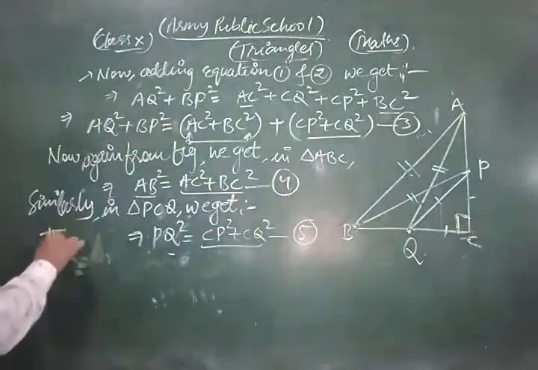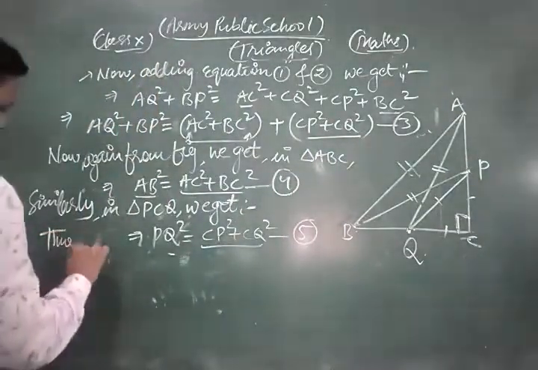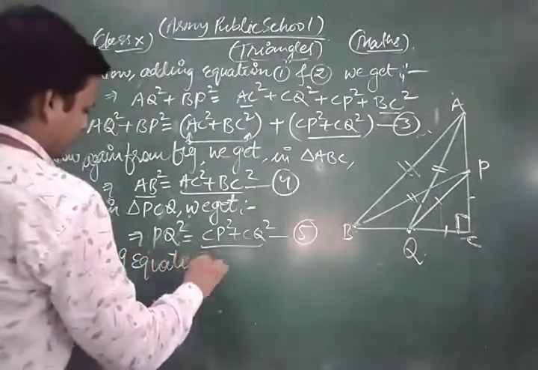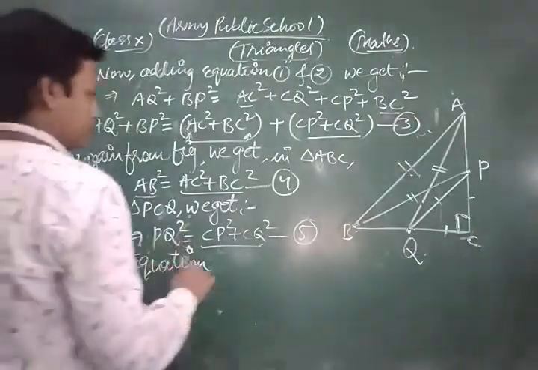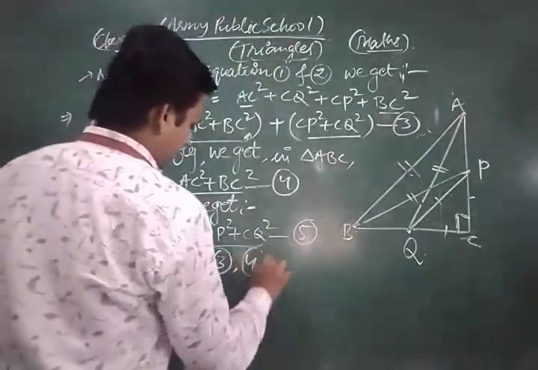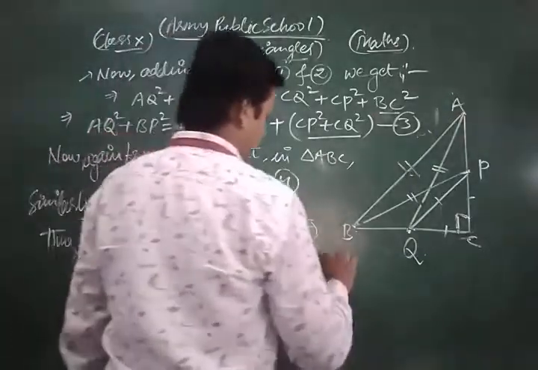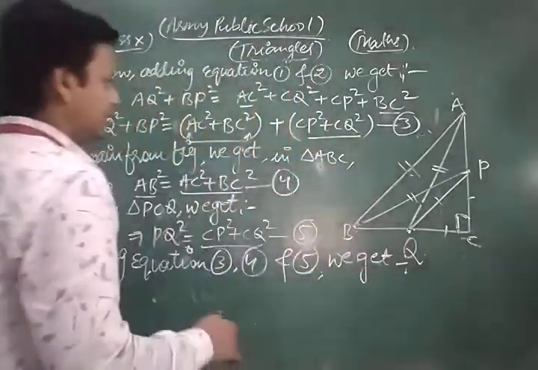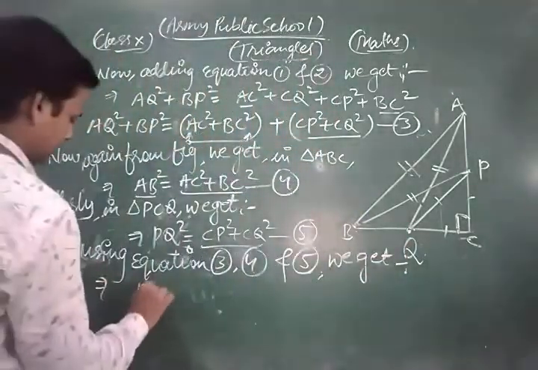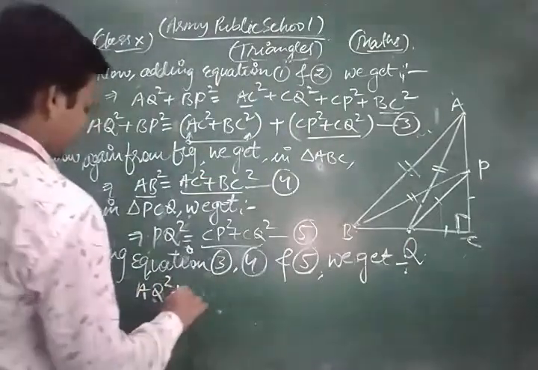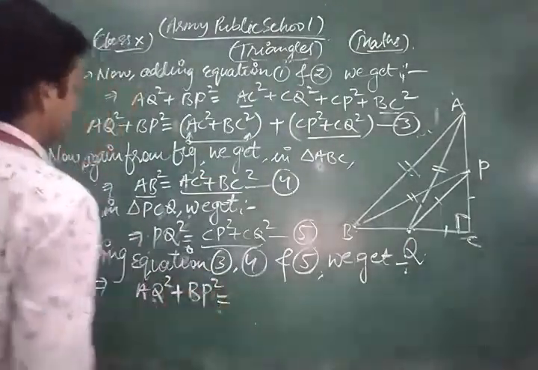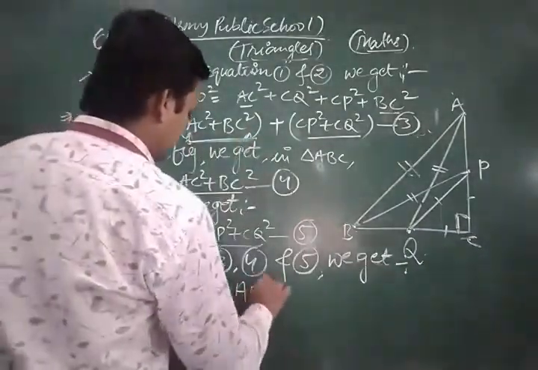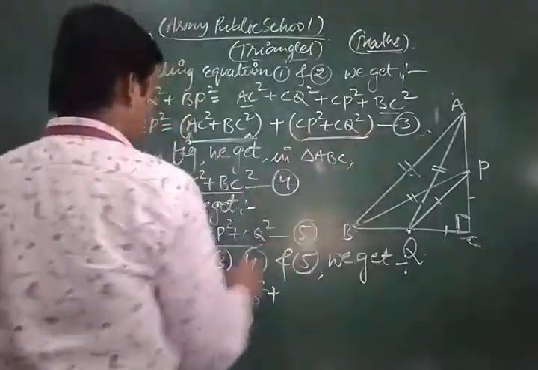Thus, using equations 3, 4 and 5, we get AQ square plus BP square is equal to AC square plus BC square, this is AB square, plus CP square plus CQ square, this is PQ square.